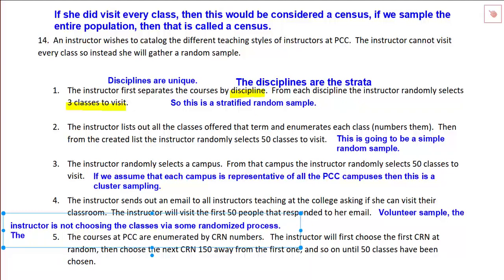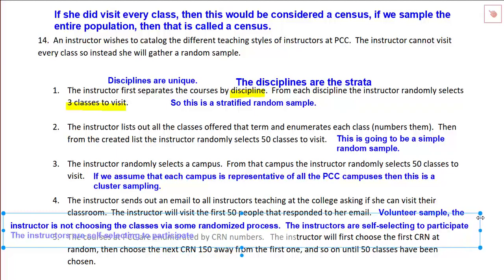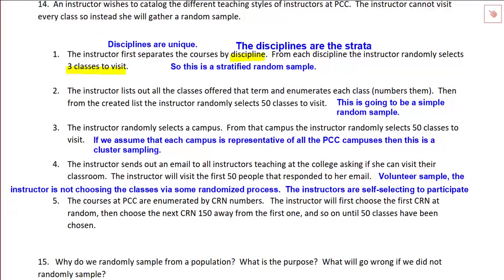The instructors or the classes are being self-selected. Okay. So again, this is a volunteer sample, and volunteer samples are not going to produce representative samples. So this is really not a good method. Okay, so volunteer samples are not a good method to sample.